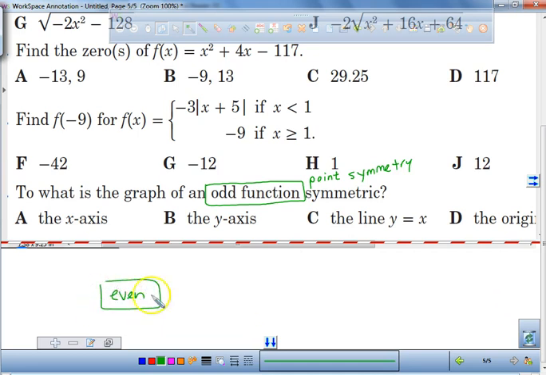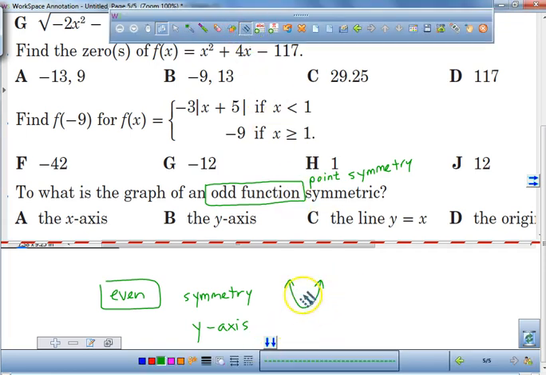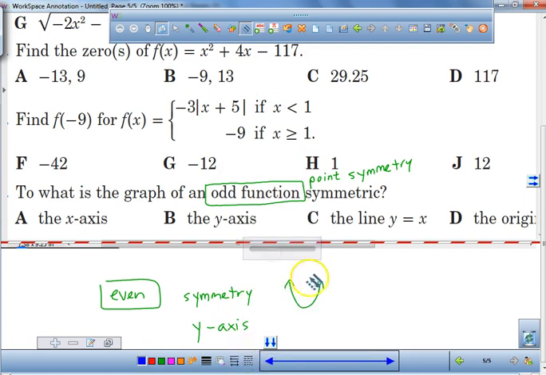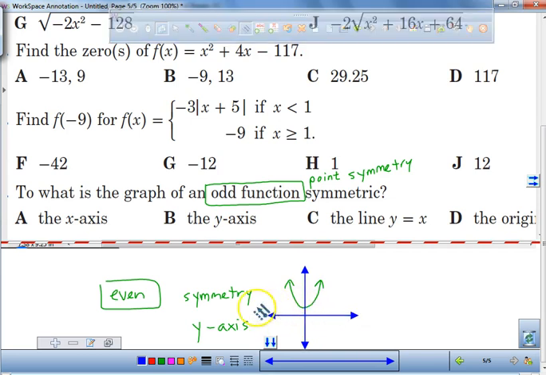An even function has symmetry about the y-axis. So any graph that looks like a parabola or an absolute value, basically the y-axis splits it right here. There's the x-axis. This right here would be an even function.